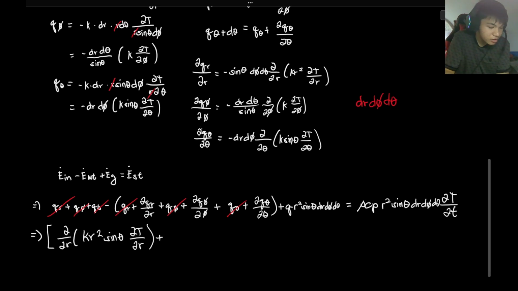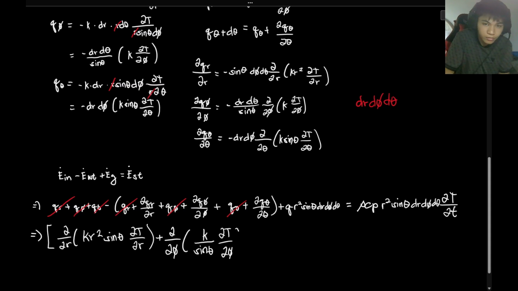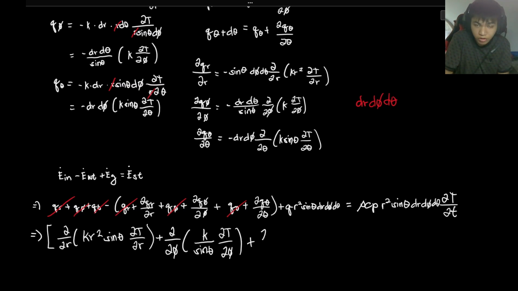Okay, and then plus, for phi, again our partial derivative of phi. Then this sine, let's move it inside the partial derivative again. So we have k over sine theta, sine theta, partial derivative of temperature with respect to phi. And then, plus our partial derivative with respect to theta.